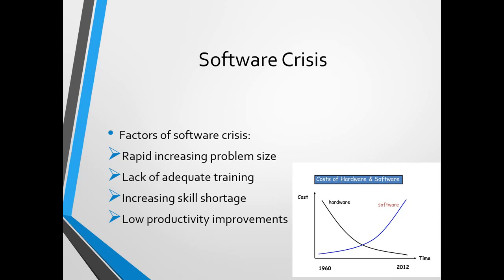The shortage of skill is increasing very much nowadays. This is another factor of the software crisis. Another thing is low productivity improvement, as productivity is not good. So these are the factors of the software crisis.